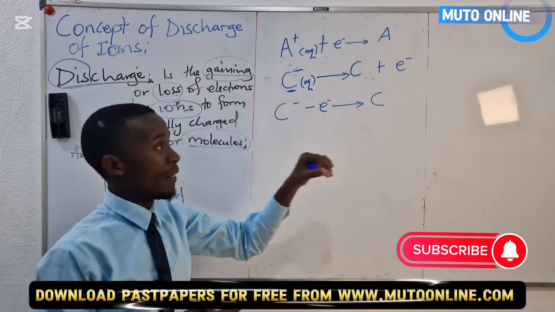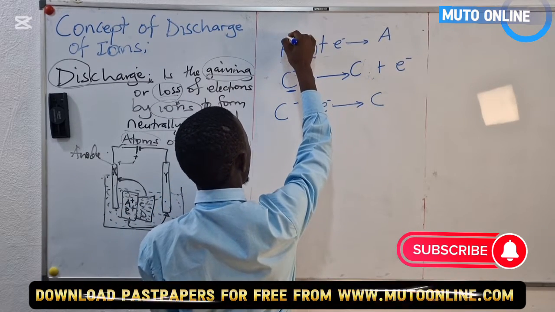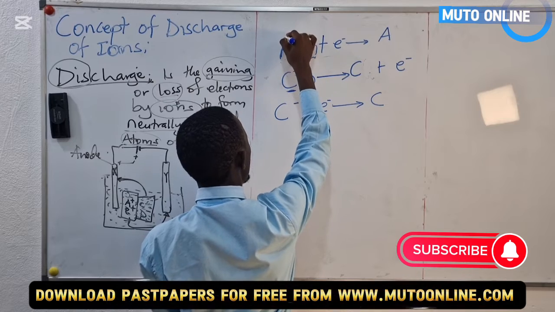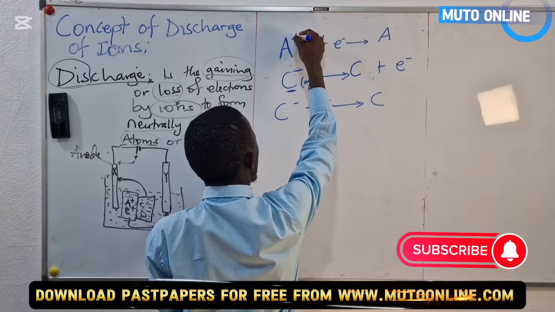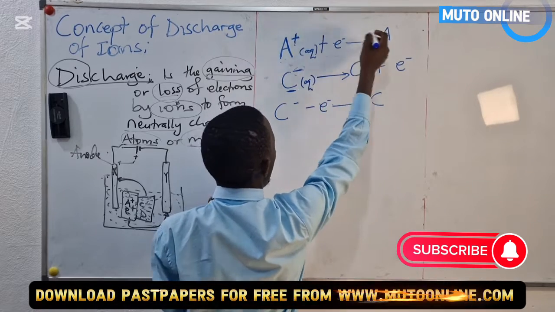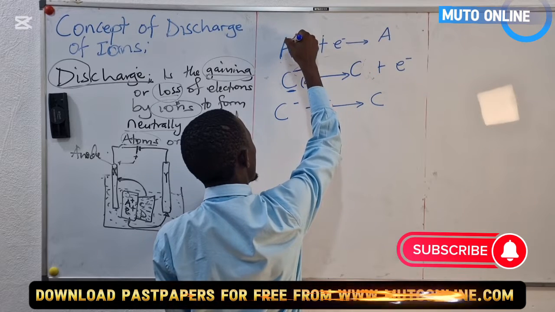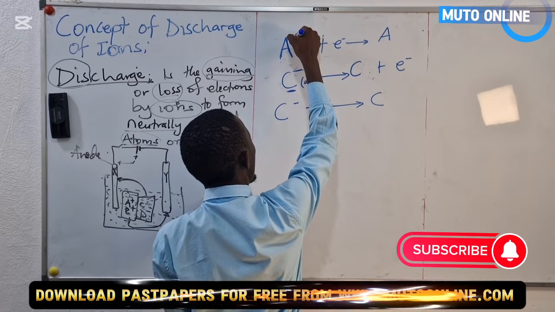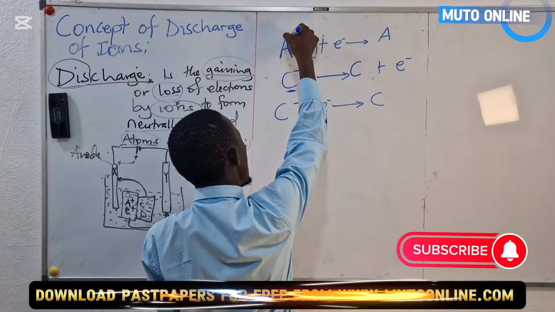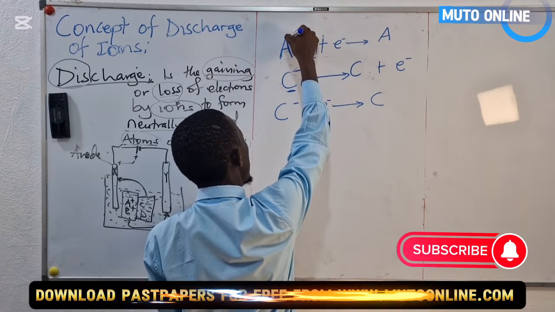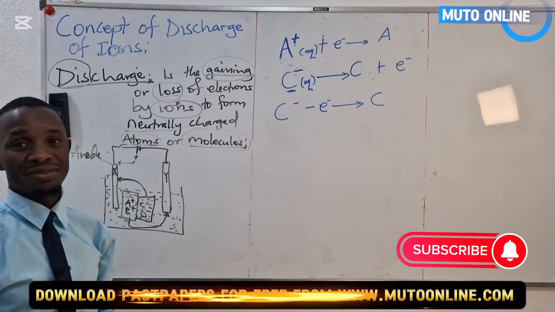To repeat for you, for one to write an atom like this, it means this atom of this element A became this after losing an electron. So for you to reform this, that's why there is a plus sign here, you must add the other lost number of electrons, here it is 1, to reform the previous atom or molecule.